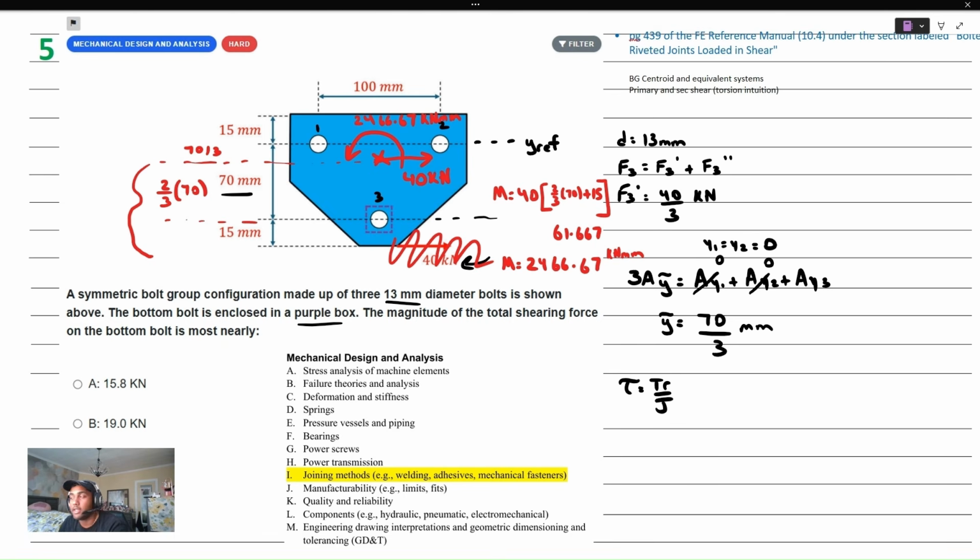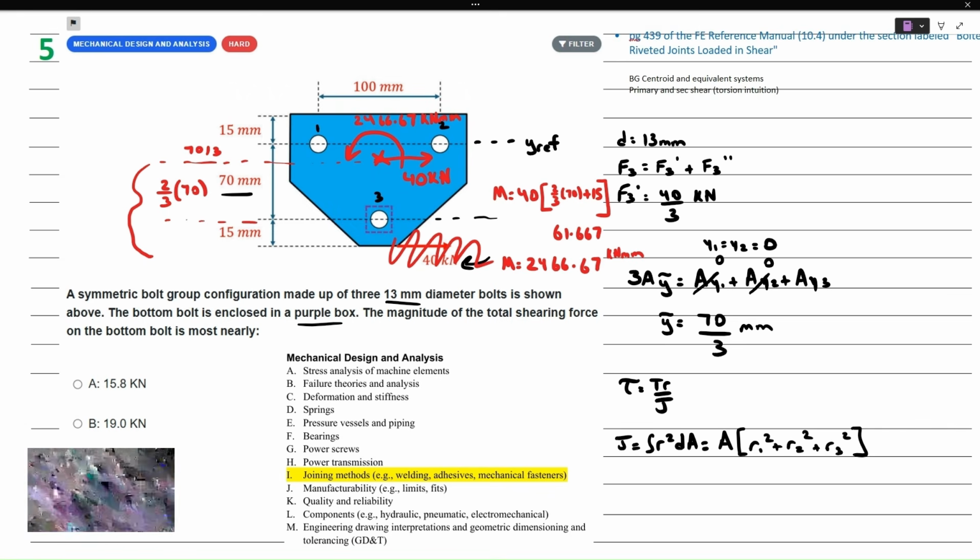And if you think back to the definition of the polar moment of inertia that we discussed, I think it was in the first or second problem here, the polar moment of inertia J is equal to the integral of r squared dA. And for these three discrete points, that would just reduce to area multiplied by r1 squared plus r2 squared plus r3 squared. We add a contribution, area times r squared, for each one of those terms.